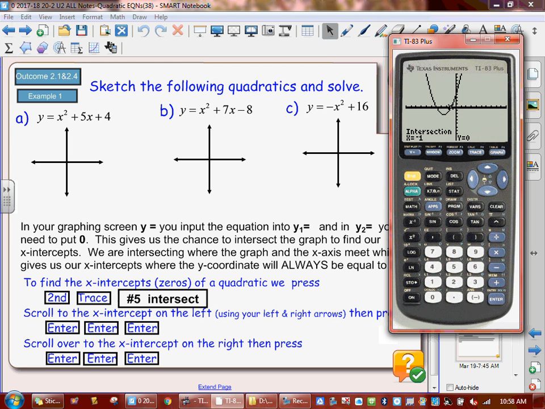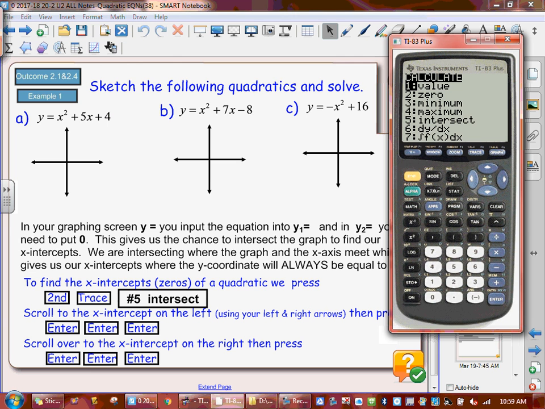So my cursor was over here, it's going to find the first one, -1. If I wanted to find the second one, I'm going to move my cursor before I hit number 5, or after I hit number 5. So we're going to do second trace again. Everybody do second trace. We're going to hit number 5. But now we have to move the cursor, because otherwise it's stuck right there. You'll find the same answer.